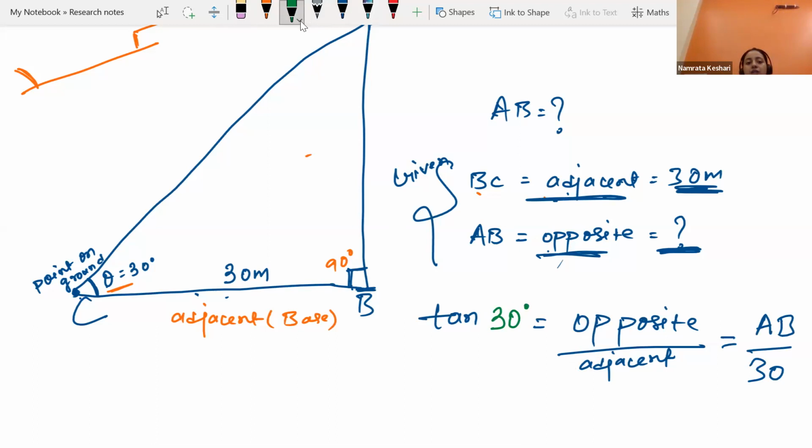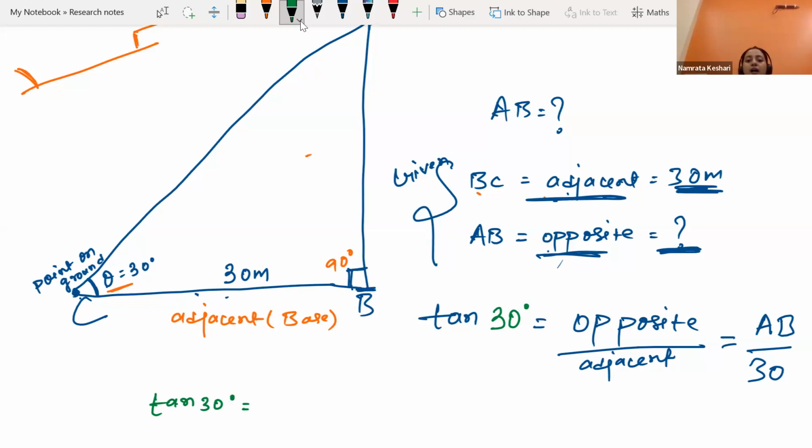Are you getting it, Aisha, now? Yes, ma'am. Why tan 30? You can also take cot 30. Cot will be adjacent over opposite. So the numerator and denominator don't matter. The given part and the finding part, these two pieces of information are what we have to focus on.